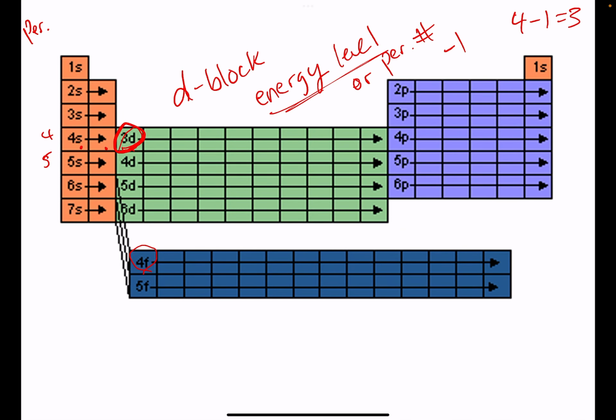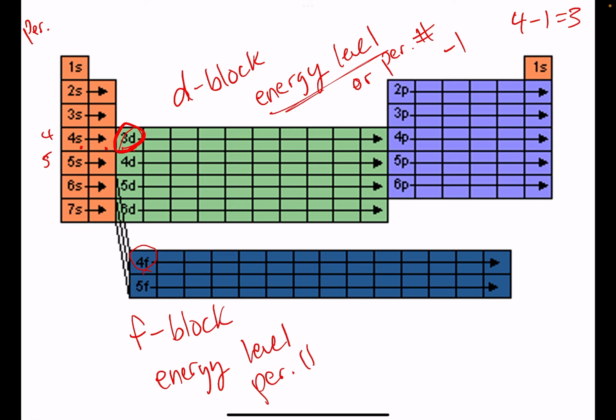For the F block, we're going to do the energy level or period number, and we like to call that N. We're just going to say the energy level or period number to simplify things for now, minus 2. Okay? So look here.